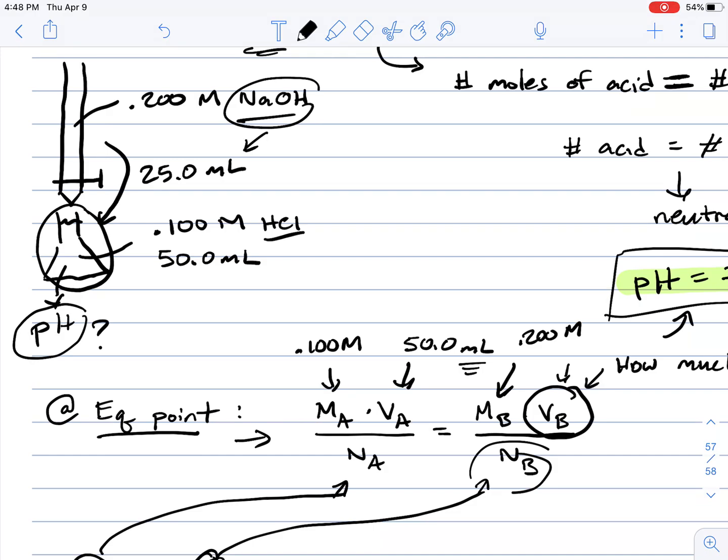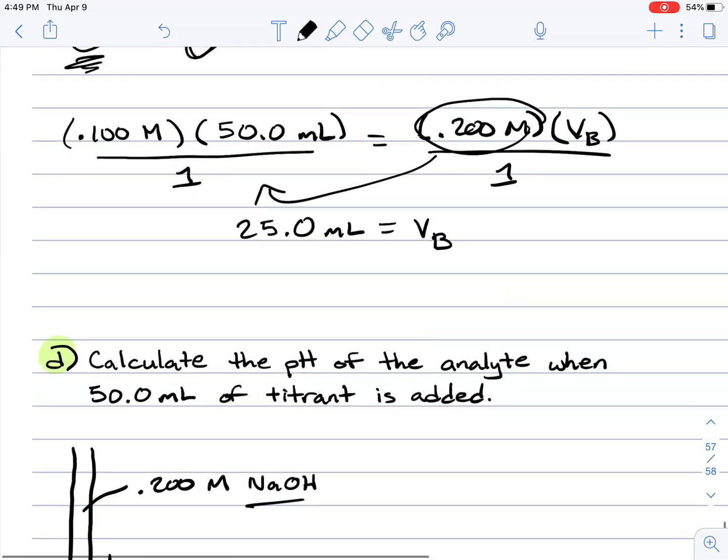And that endpoint or equivalence point, you should see in lab, gives me that nice, beautiful transition in color. If my pH indicator is phenolphthalein, it's going to go from colorless to very, very light pink. And so we've now quantified how much volume we actually need to add from the burette into the titrant to reach the endpoint.